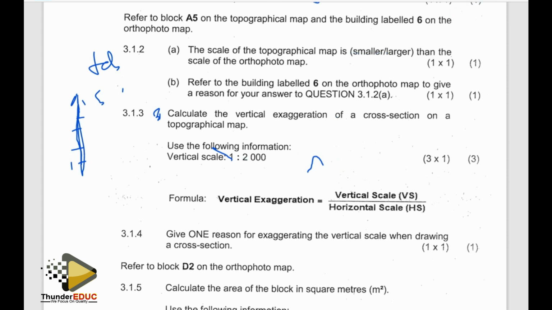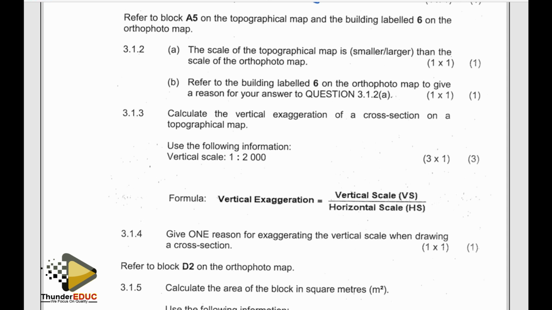So if we're calculating vertical exaggeration for this particular section, what are we going to do? The vertical scale given is 1:2000, and this extract is from a topographical map. We do not change the horizontal scale of the cross section.